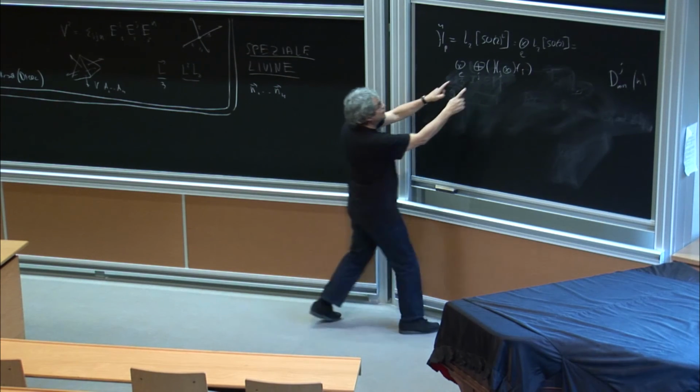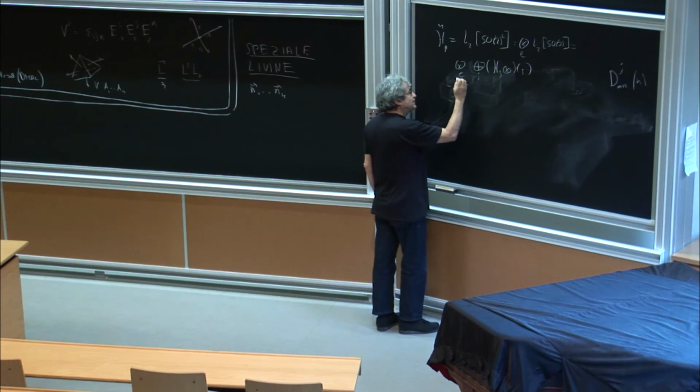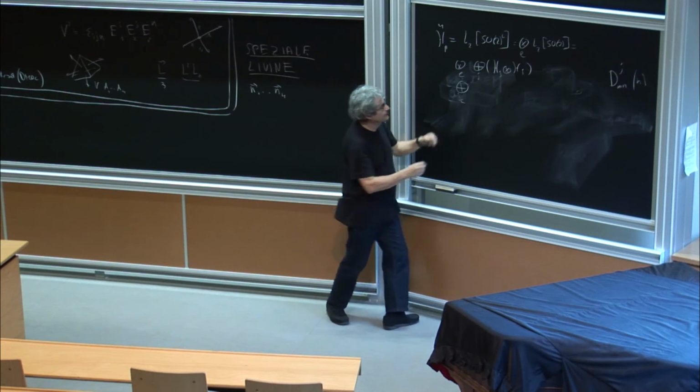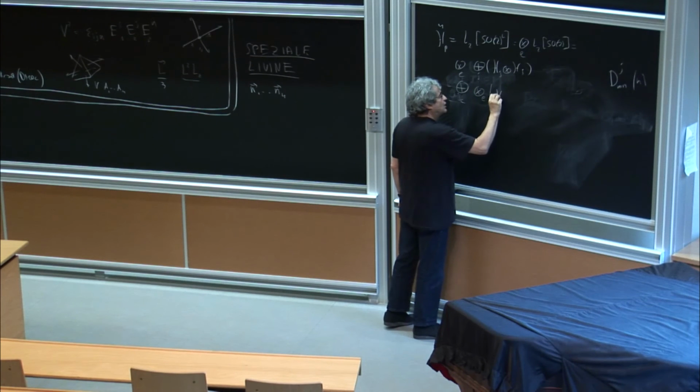Now you can switch the sum and the tensor product, and this is the sum over one j label per each L of the product over L of the links of H_j tensor H_j.